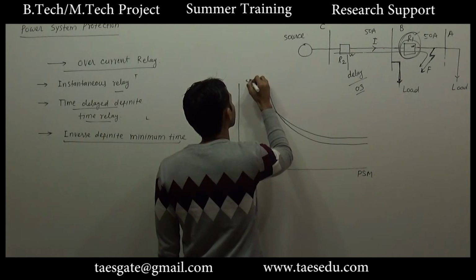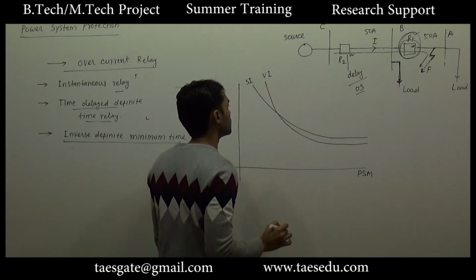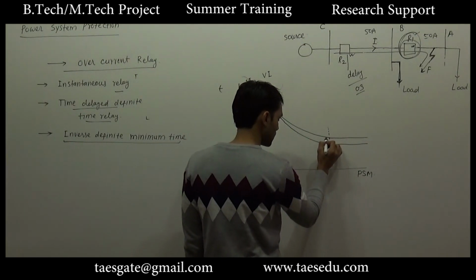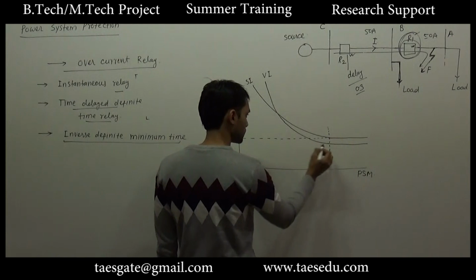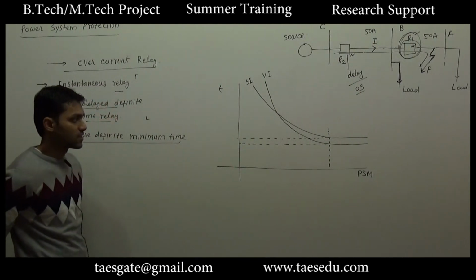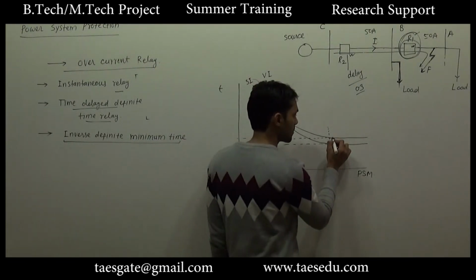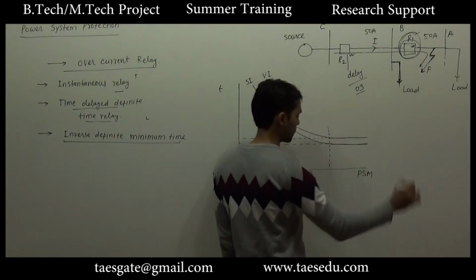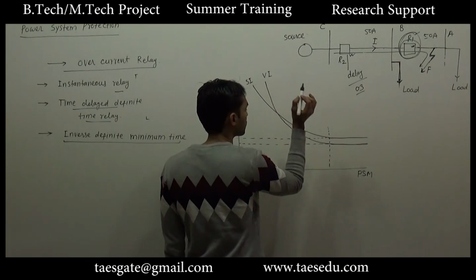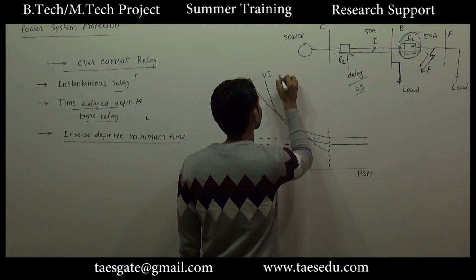So for this graph, we will say it has a very inverse relation with PSM. For low values of PSM, it has an inverse relation, and for high values of PSM, the time of operation becomes nearly constant. And in this graph, it has an extreme inverse relation.